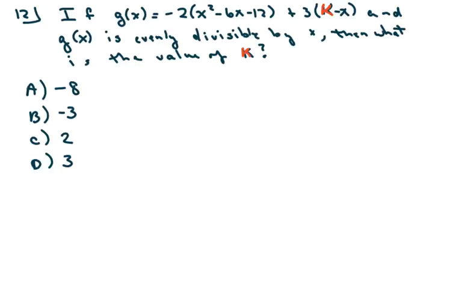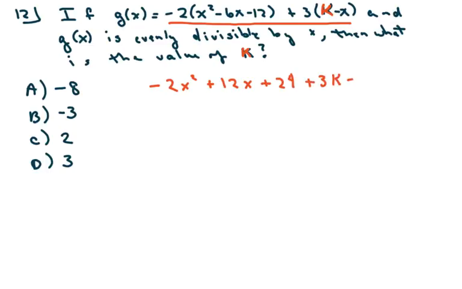So the first thing we're going to do is just clean all this up. When you do that, we get negative 2x squared plus 12x plus 24 plus 3k minus 3x.